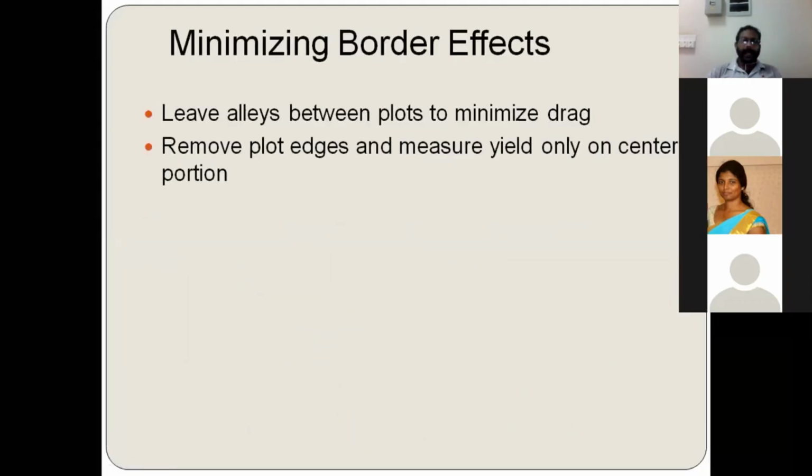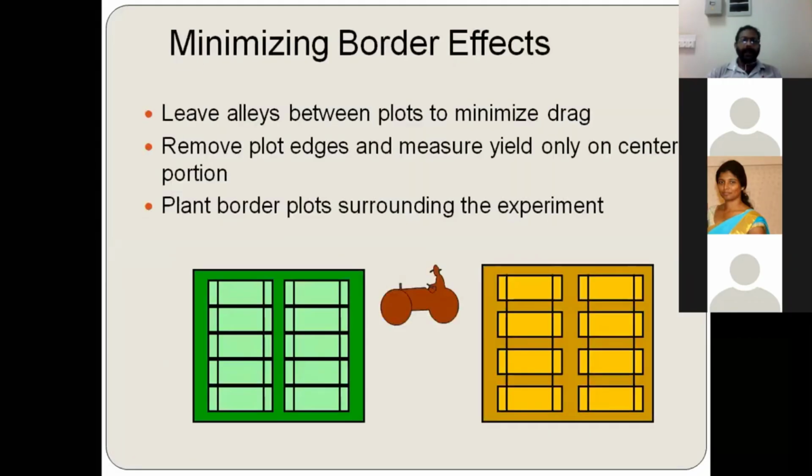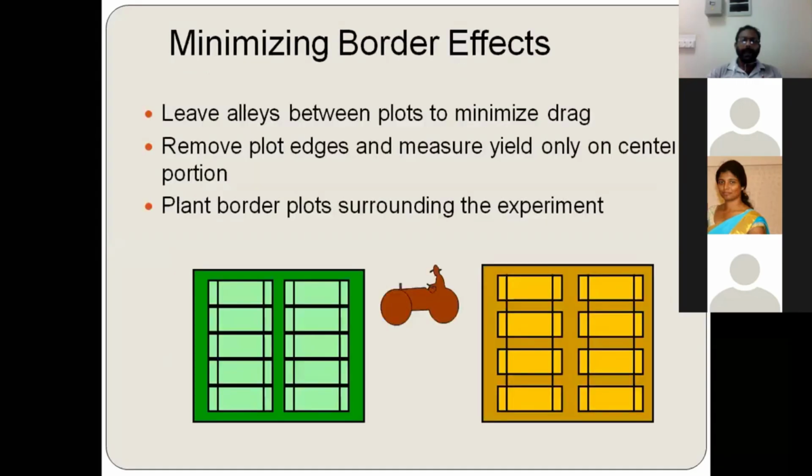Right, last slide. Yeah, we will talk about this also, minimizing the border effects. How can we minimize the border effects? Leave alleys between plots. So that means if you have two plots, you have to give some good enough space.